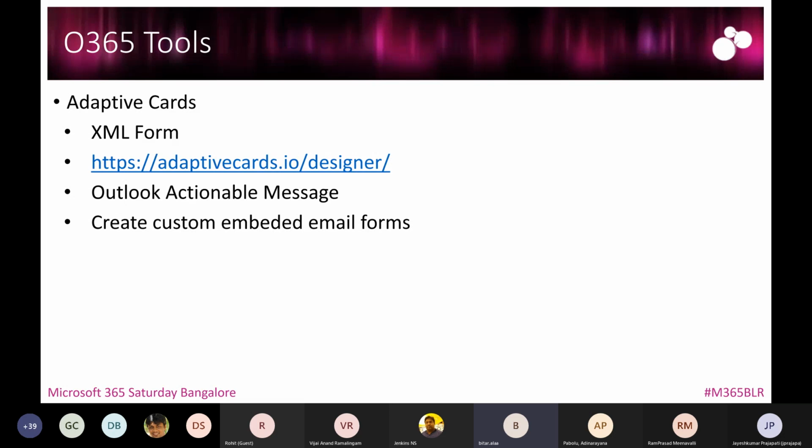But just to sum up, so that everyone is at the same level of knowledge, adaptive cards are basically a kind of XML form definition that you can put together and then send as an email, as a Teams chat, or embed in a website, for example.